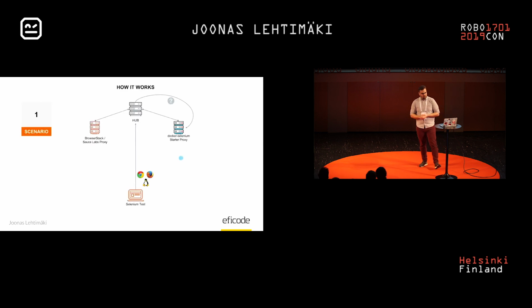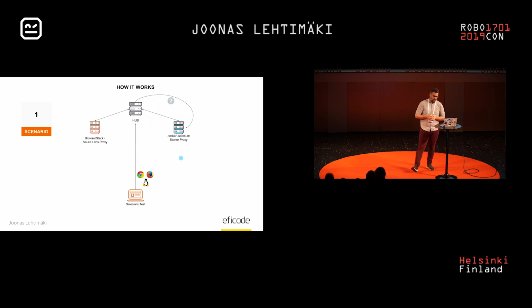I'll show you a few pictures of how it works if you're not familiar with Selenium Grid or anything like that. These pictures are taken from Selenium's website, so you can check them out from there. The way it works is that a tester or developer will send their test cases towards a centralized hub, and then it'll pass the test cases on to worker nodes or Docker containers.